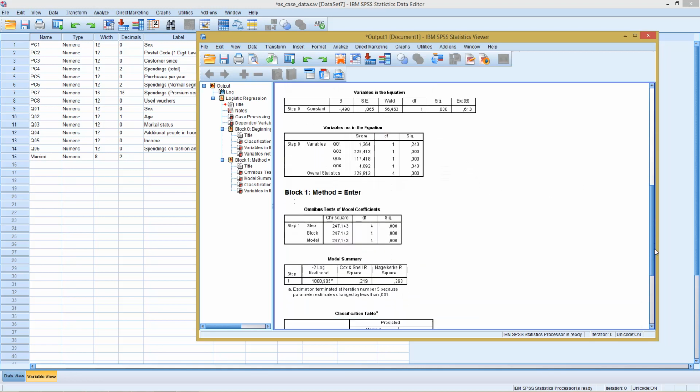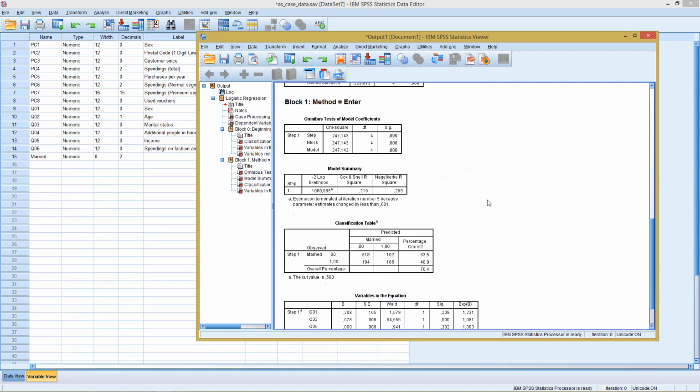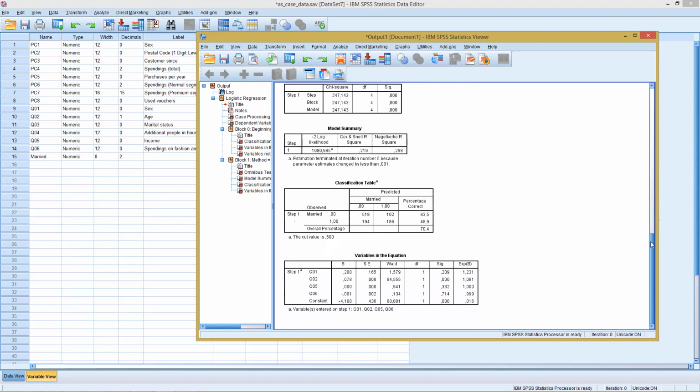Then the second version, method enter, block 1, where we include all our variables in the model. This looks a lot like, at least in some parts, what we know from linear regression. Here are our coefficients, and their standard errors.